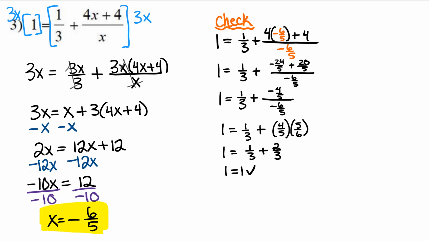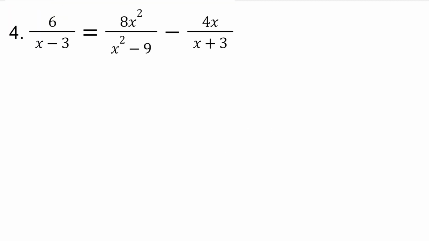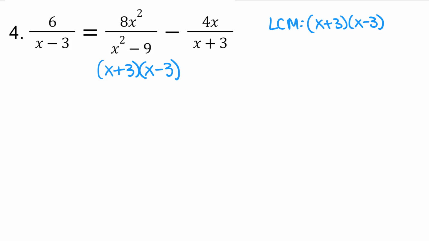So negative 6/5 is indeed your answer. For number 4, let's factor our denominator x squared minus 9 to find our LCM. Each of the other denominators goes into x plus 3 times x minus 3.